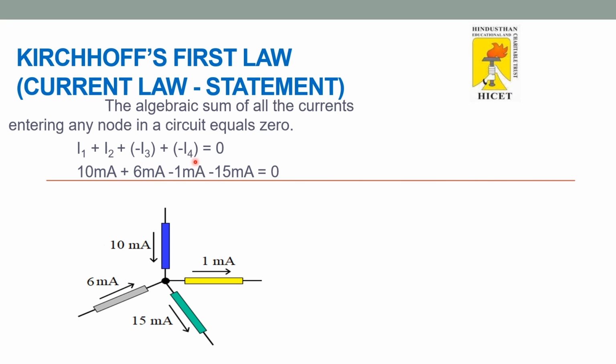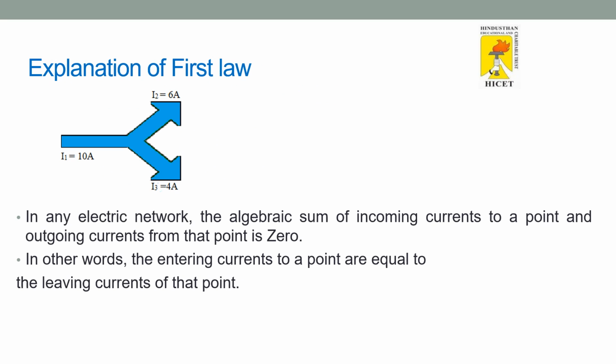Hence I3 and I4 are currents leaving from the junction, so we put a negative sign before them. So I1 plus I2, that is 10 milliampere and 6 milliampere, minus I3 and I4, that is 1 milliampere and 15 milliampere, equals 0. That is the explanation of this first law.